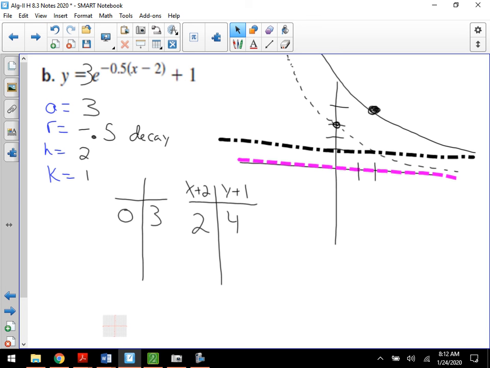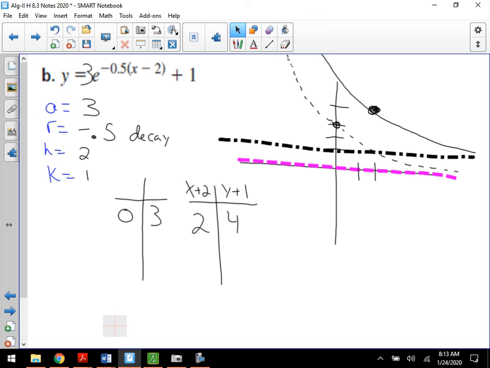A question about this came up yesterday when we had stuff like this where the parent function and the shifted function looked as if they intersected or one of them ran into the other's asymptote. In this case, notice how the parent function runs into the asymptote of the shift. That's okay.